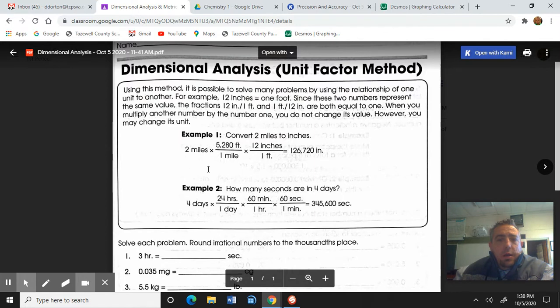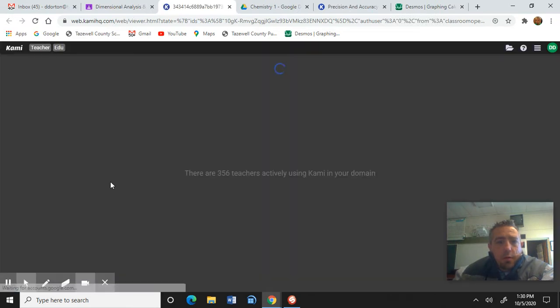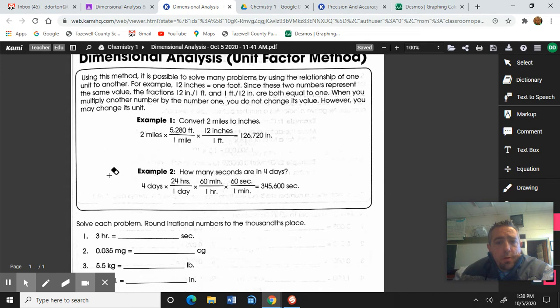You can see that these worksheets that I posted here all have examples that you can use to do these. There's also examples in your book.